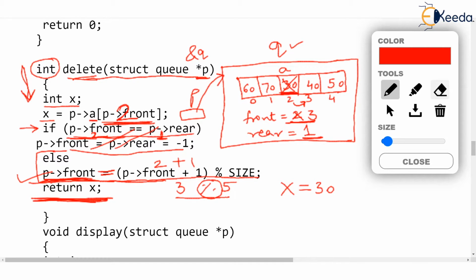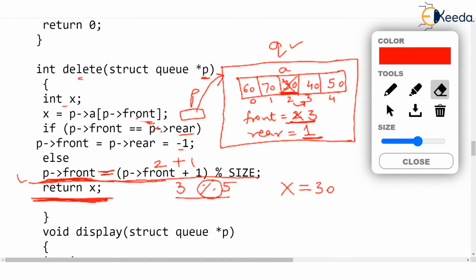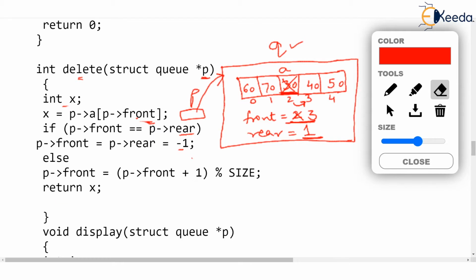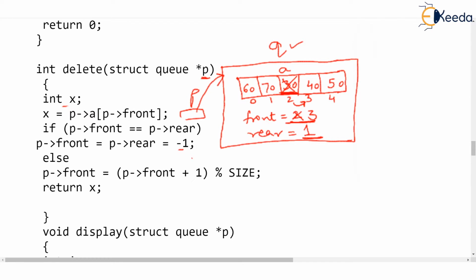I'll just clean a few things. Now, as our habit goes, we will call this delete function again and again and see what will happen due to consecutive calls to the delete function. Okay, let's get ready. Now, if you call delete a second time, X will be equal to the frontmost element of the array. Front is 3 at the moment.